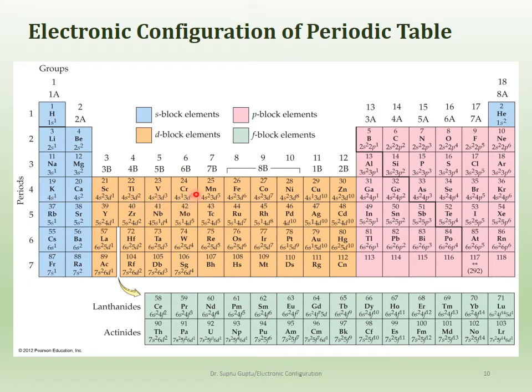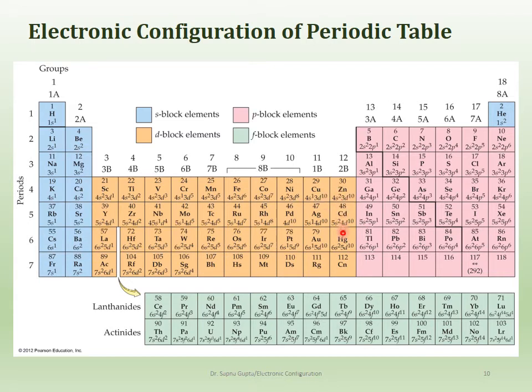Now there is no D4. We talked about that just now with the exception. There are two D5s. In one case you have 4s1 and 3d5. In the other case you have the traditional 4s2 and 3d5. Then D6, 7, 8, and again remember there is no 3d9 because it is 4s1 3d10, and then here is the 4s2 3d10.